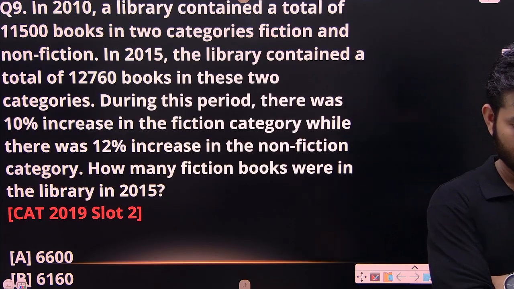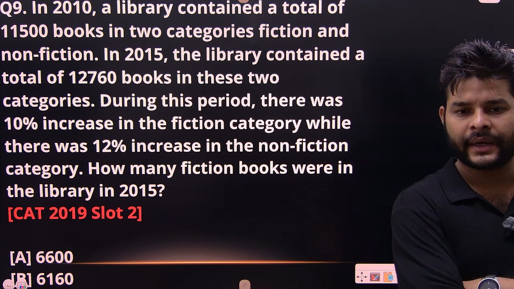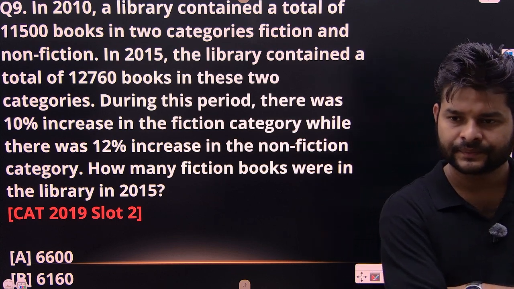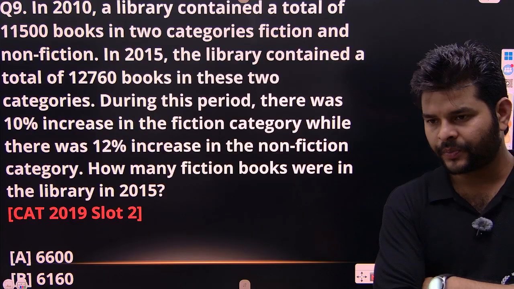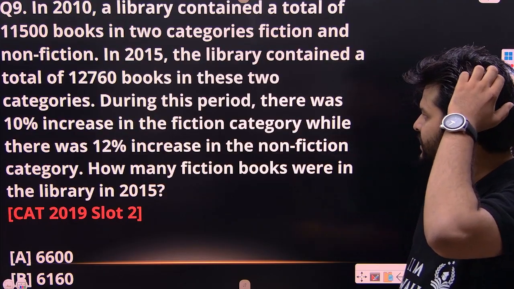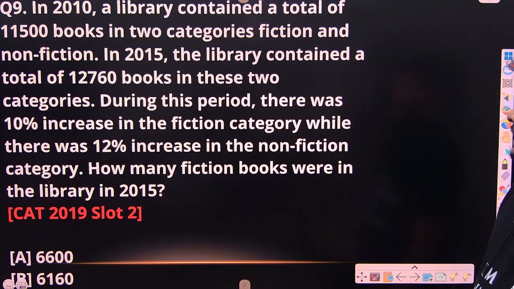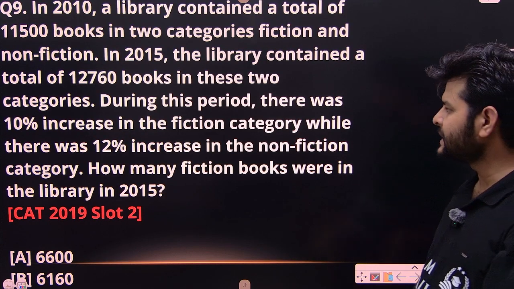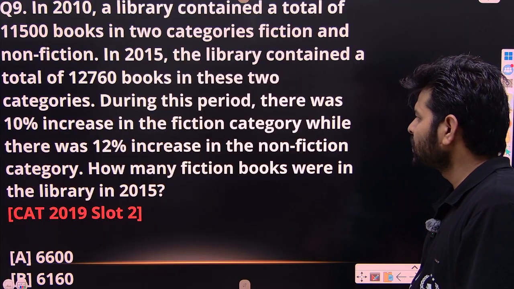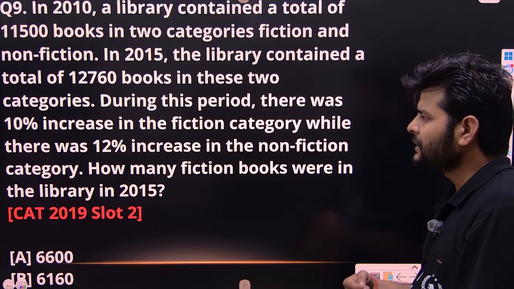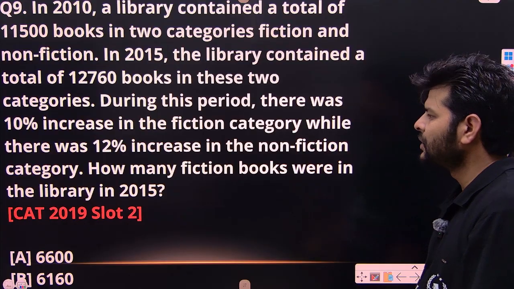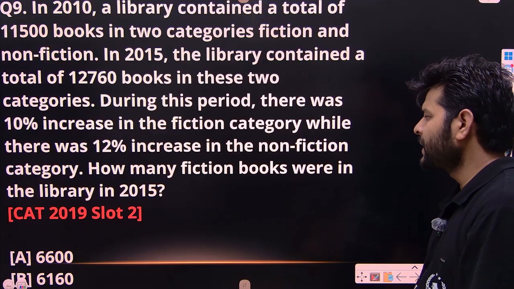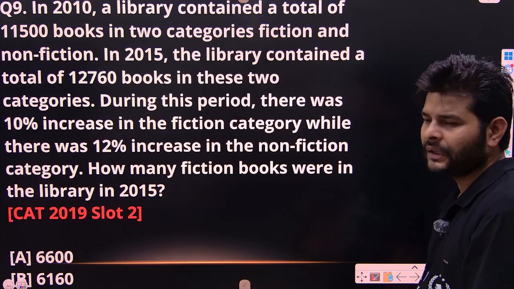Means the books have increased. Got it? So basically, the question is saying during this period, there was a 10% increase in the fictional books while a 12% increase in non-fictional books. How many fiction books were in the library?